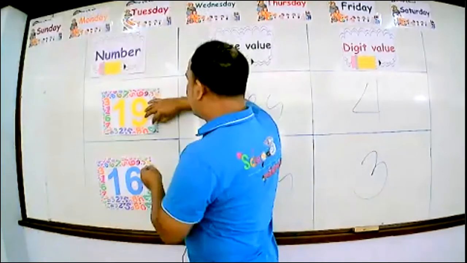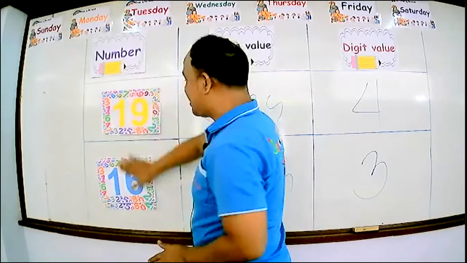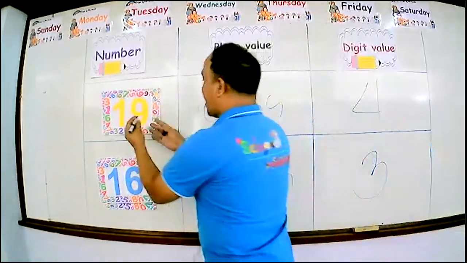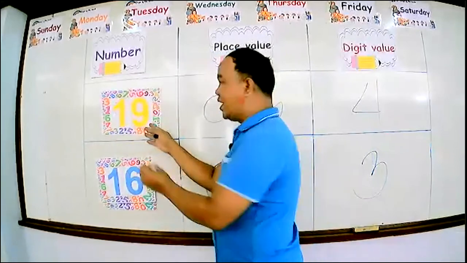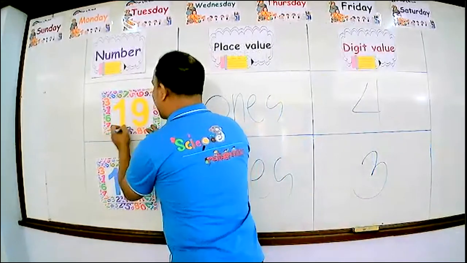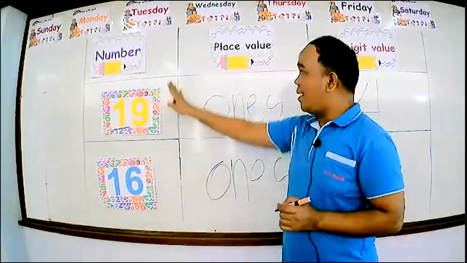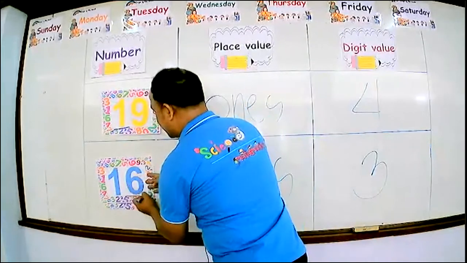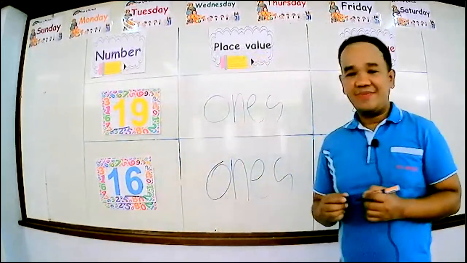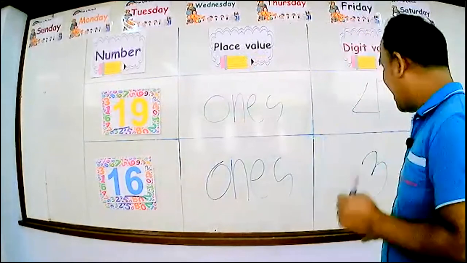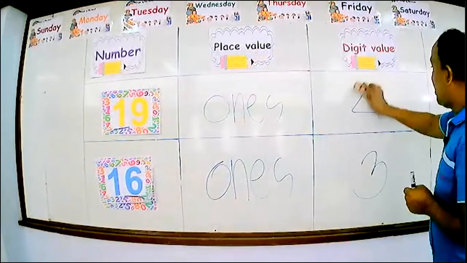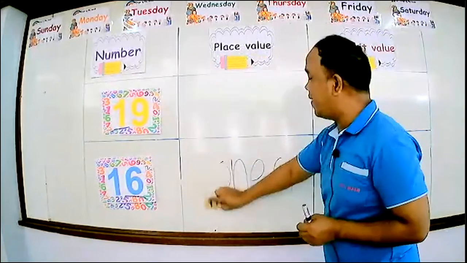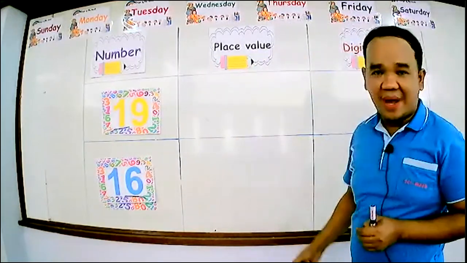In our given numbers, 19 and 16, let us underline the number. In number 19, the underlined number is 1. In number 16, the underlined number is 6. Now let us identify which is the place value and which is the digit value in our given number.